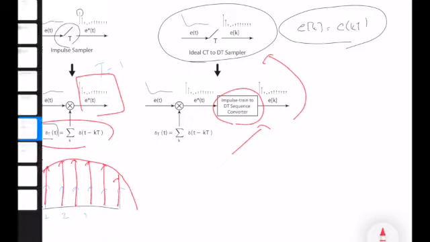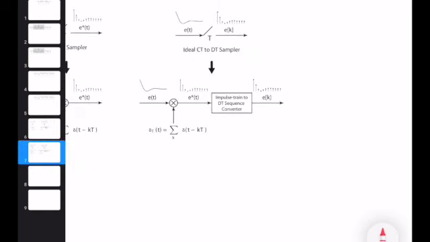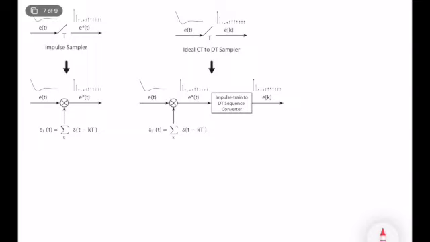Let's assume that my input signal is x of t, not e of t. I feed x of t to an ideal sampler, and I obtain x star of t. What is x star of t? It is the multiplication of two signals, x of t times my impulse train.